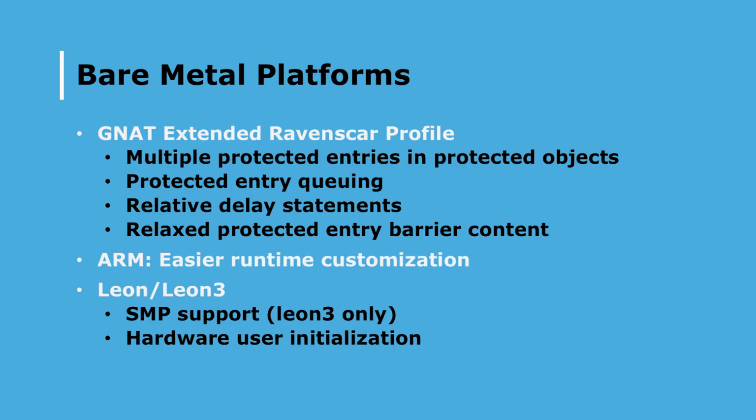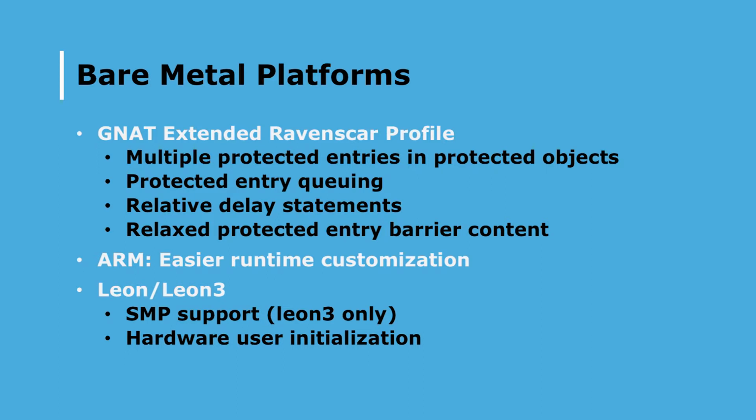You will have the option to bound it to X number of entries if you wish, or leave it unbounded, depending on your needs and constraints. Support for relative delay statements and the Ada.Calendar package. And also relaxed restrictions on the protected entry barriers, so you will be able to use more complex protected entry barriers as part of this extended Ravenscar profile.